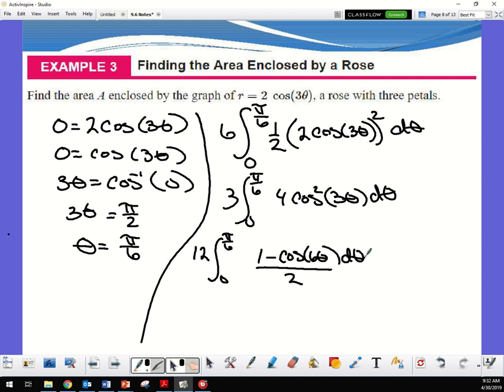Is that what you guys got? Is that the identity for cosine squared or sine squared? Yeah, that is exactly it. Oh, that's a cosine, right? I need a plus; it should be a plus.